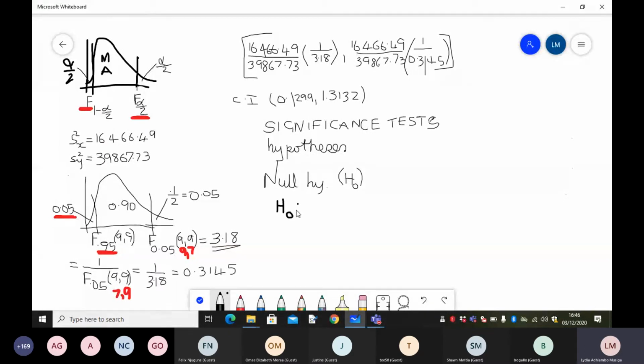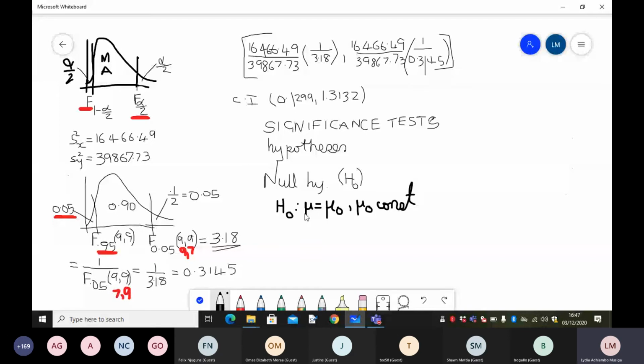H naught such that mu equals mu naught. So this is our null hypothesis. We are saying that the population mean mu is equal to mu naught, where mu naught is a number, a constant.